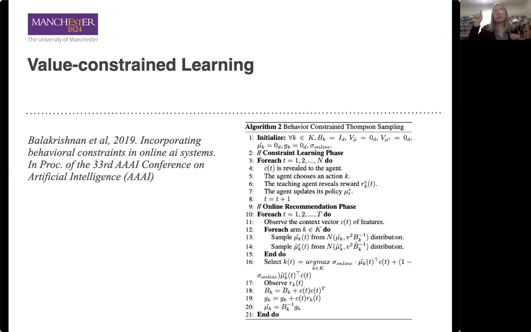So the system chooses a movie, and the ethical teacher says whether this movie is appropriate for, I think the particular case is for a minor. Is this a suitable movie for a child? And so in this first phase, the system builds a reward function that is based entirely on the acceptability of this movie from an ethical standpoint.